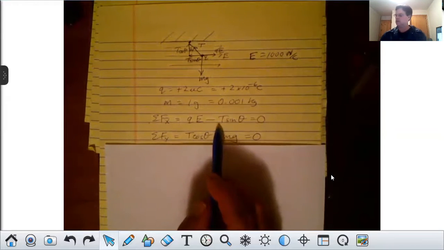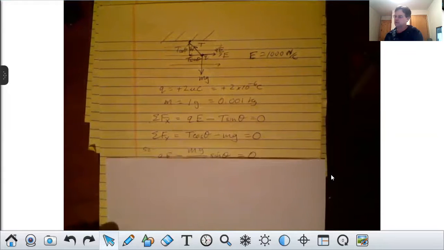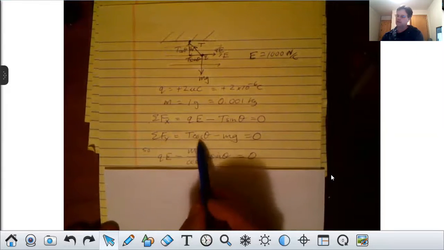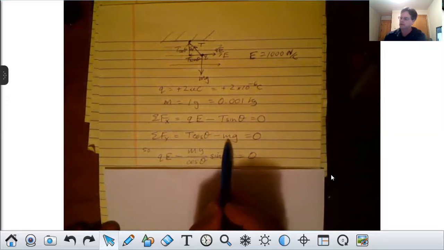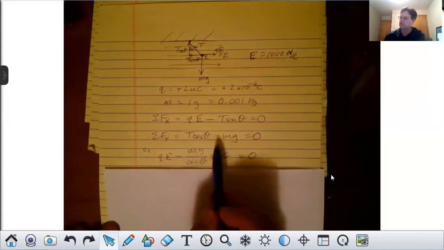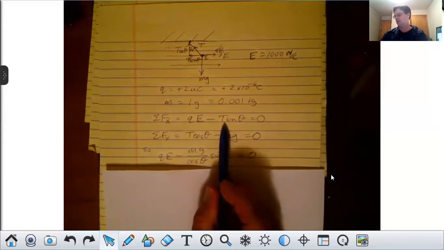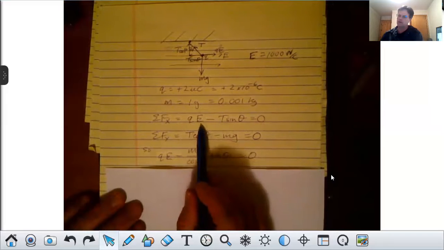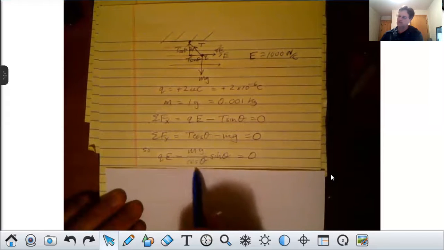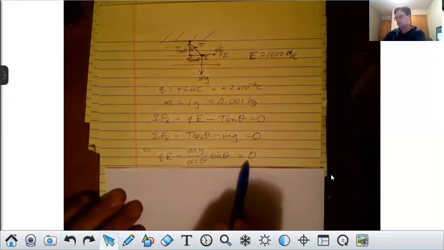One way to do that is to solve for T from one of the equations. I solved from the y equation and get T equals mg over cosine theta. Then I plug that into the x component equation, and I get QE minus mg over cosine theta times sine theta equals 0.